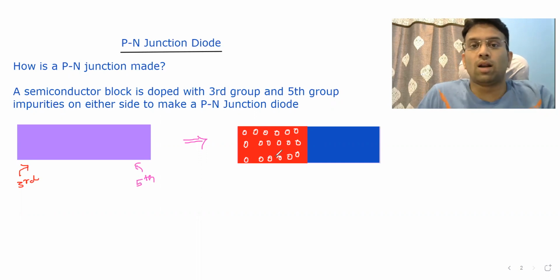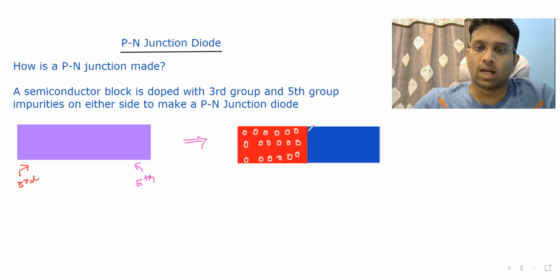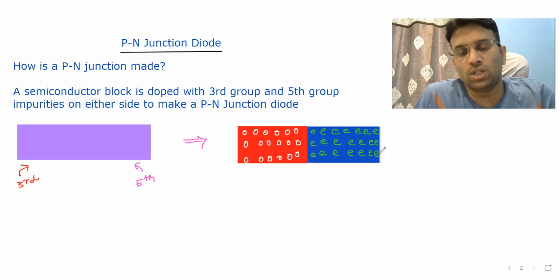There are trillions and trillions, or even more than that. And similarly on the N side you have electrons in majority. I am drawing very few of these carriers.